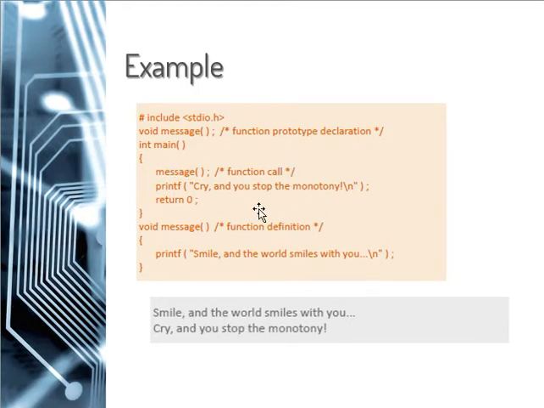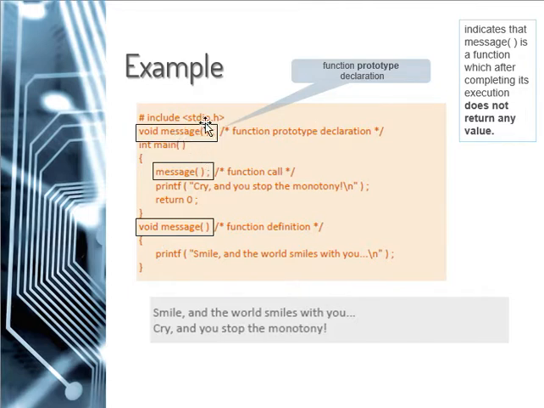Let me explain what was added to the code. As you can see, there are three messages that have open and close parentheses. What are the indications for these? First, let us explain the first message. Before you enter the formal code, before you start the main, usually it is placed outside of main. It can also be after main, but it is more readable if it is before. This is called a function prototype declaration.